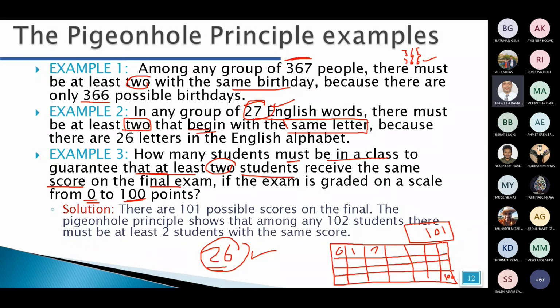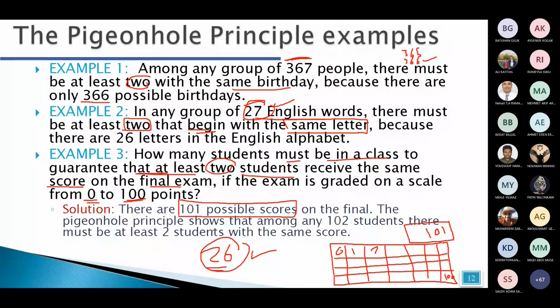If we have 101 students, we could have each one with a different score. But if we have 102 students, then at least 2 students receive the same score. So there are 101 possible different scores in the final.